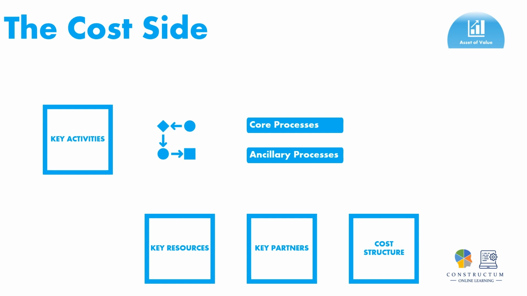Now, you must identify and map out the individual tasks required for each of your business's core and ancillary processes. Here's an example. Individual tasks for a core process of a wholesale business. The core process is procurement of inventory from suppliers.